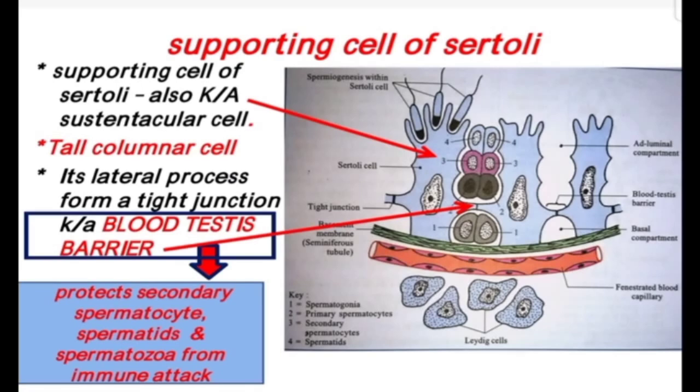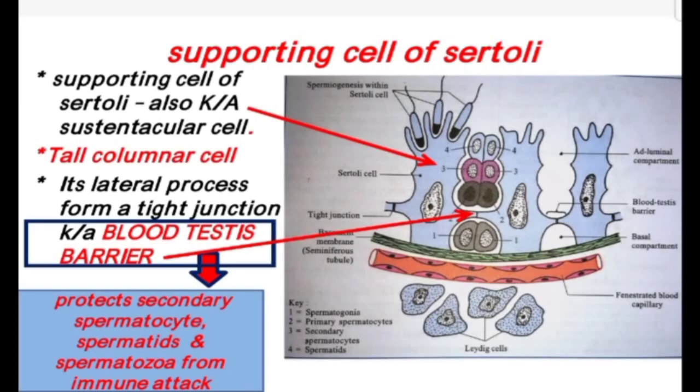We have got a blood testis barrier, which protects the secondary spermatocytes, spermatids and spermatozoa from immune attack, because the cells present in the adluminal compartment are not produced by mitotic division, they are produced by meiotic division.